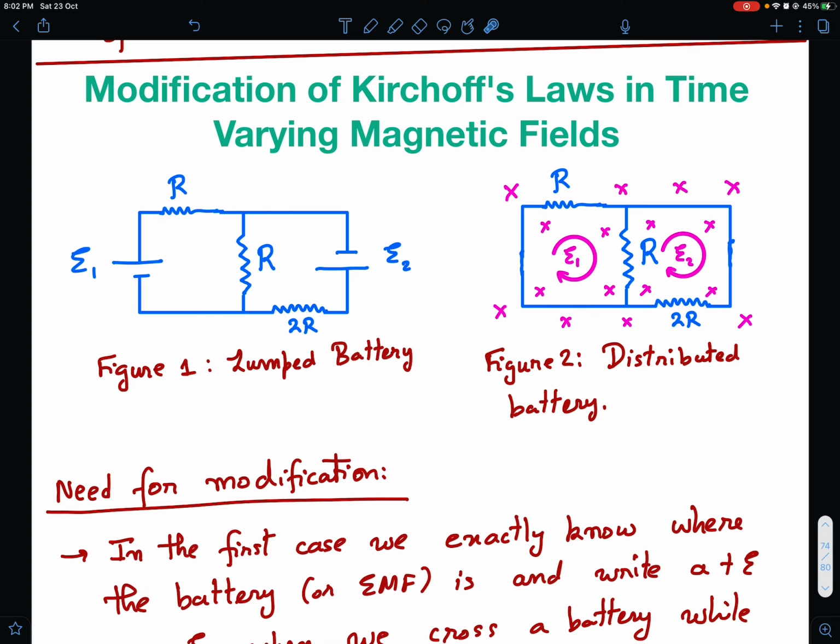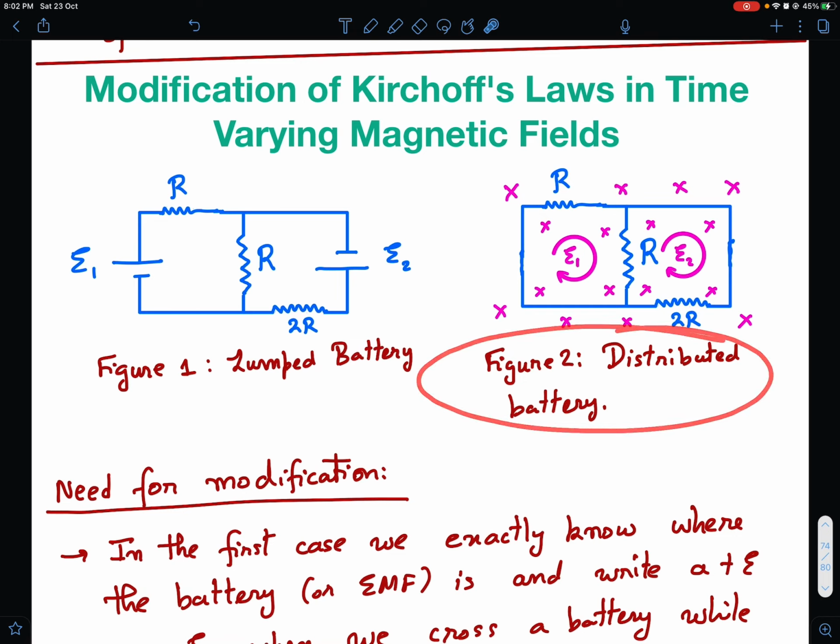Individually, branch wise EMFs you may not know, because the loop EMF you can find out by just knowing the area and multiplying that by the rate of change of magnetic field. So if you know the entire area, you know the EMF in the loop, but you still do not know what the EMF is in this branch, this branch, this branch. Branch wise EMFs you do not know. So that's the problem in applying Kirchhoff's laws in the form that we used in current electricity.